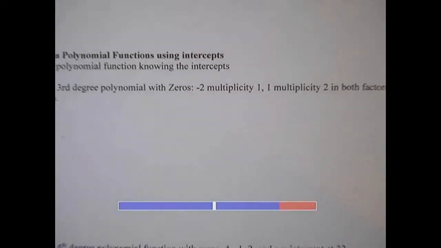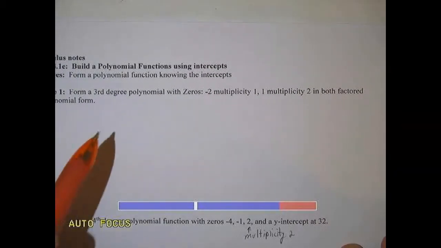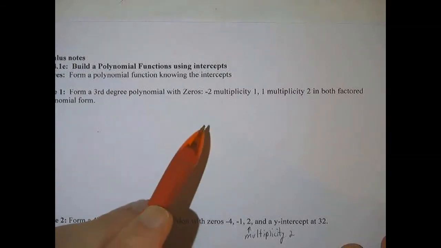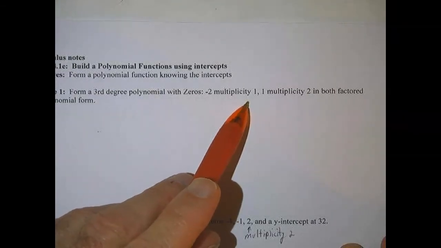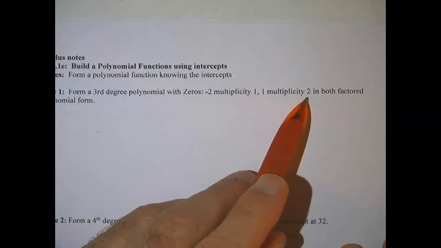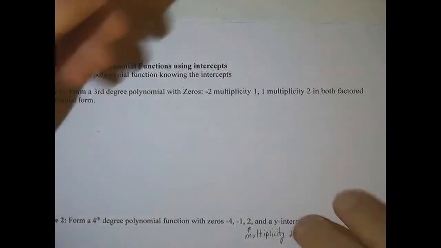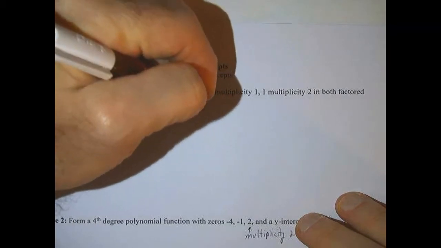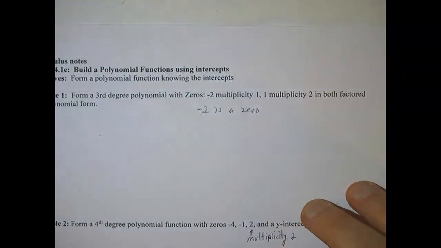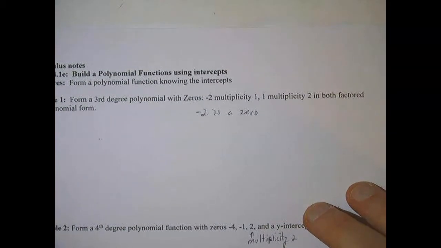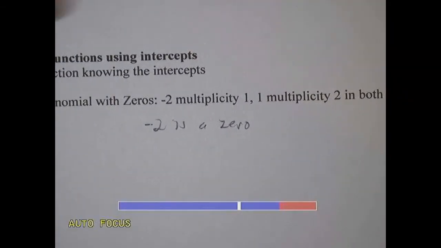So in this case, if we're asked to form a third-degree polynomial function with zeros -2 having a multiplicity of 1 and 1 having a multiplicity of 2, then we would say since -2 is a zero, it follows that x minus -2 is a factor.